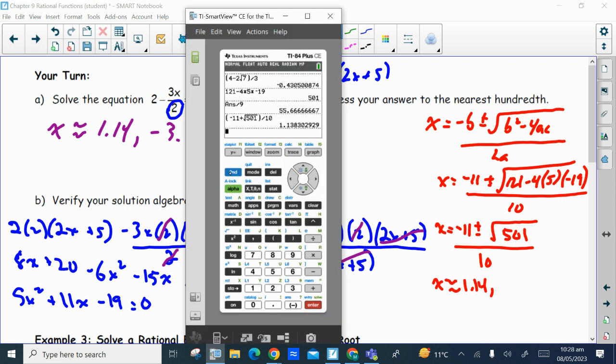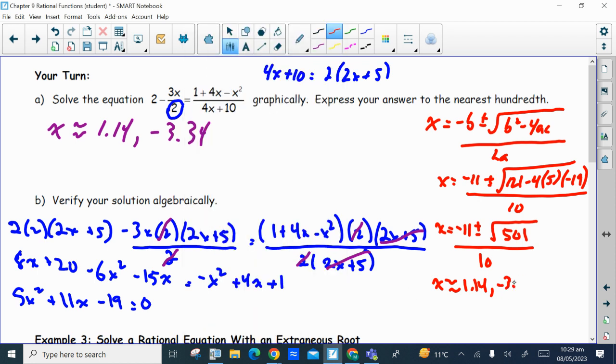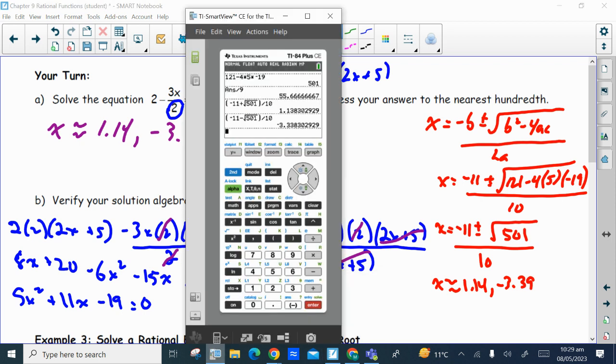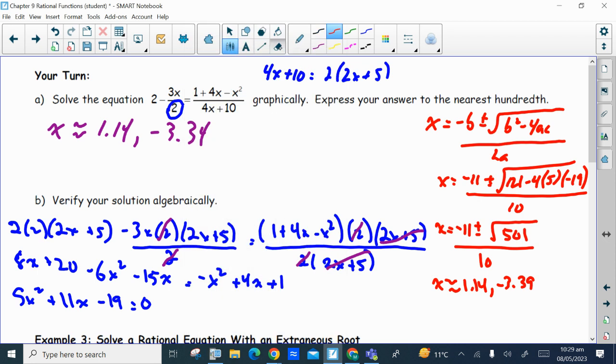And then changing the positive to a negative in front of the radical is this negative 3.39. 39 or 34? 34 to the nearest hundredth.